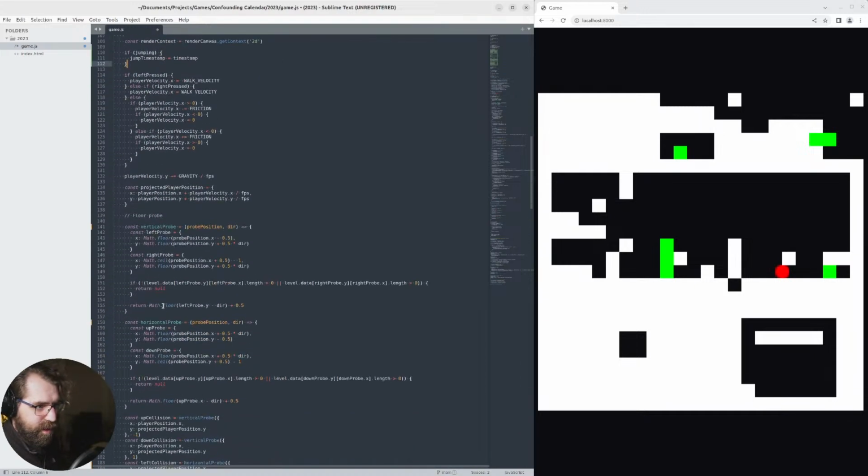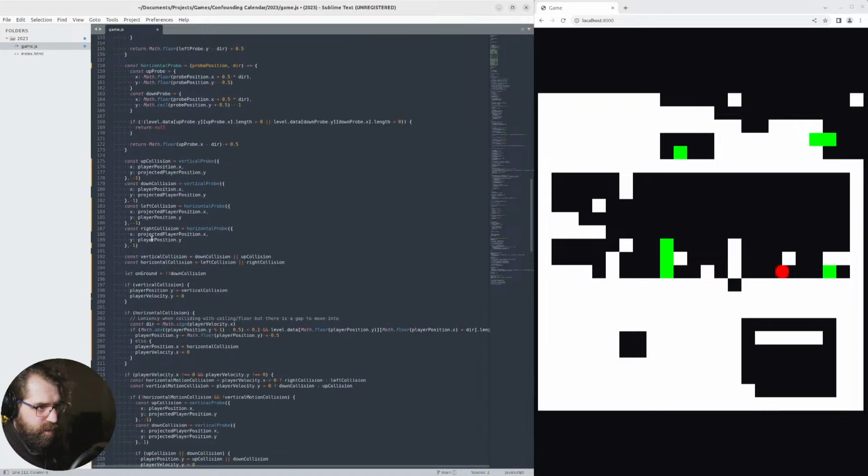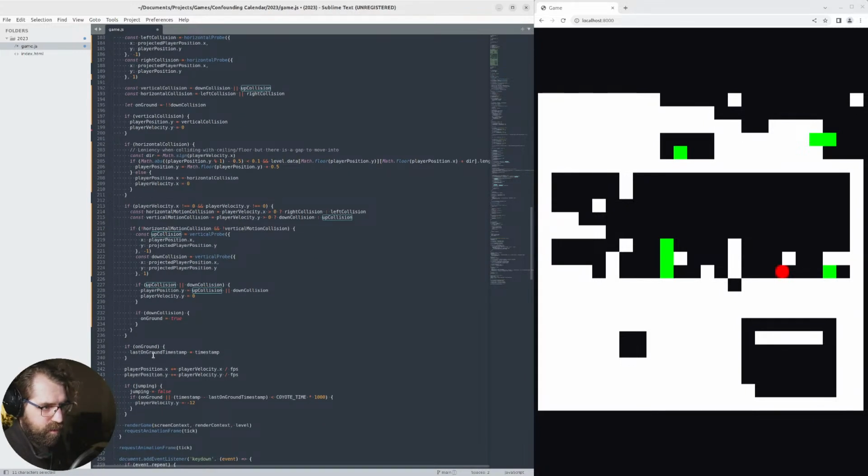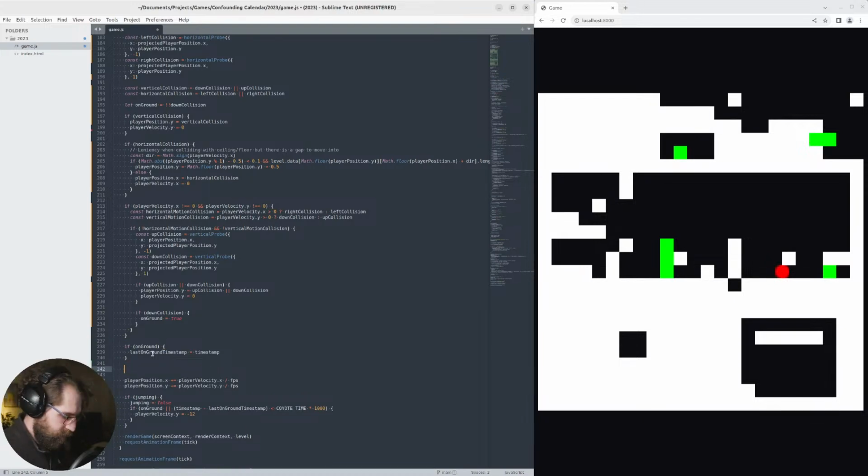Alrighty, then we do a bunch of collision checks. And at some point we know whether we've got an up collision. If we do have an up collision, hold on.